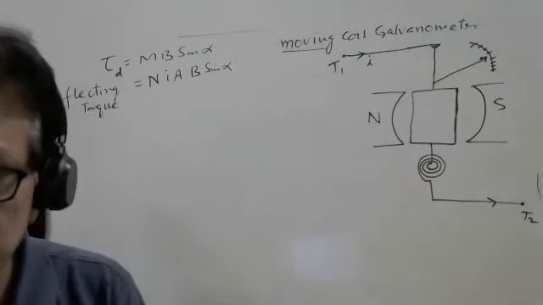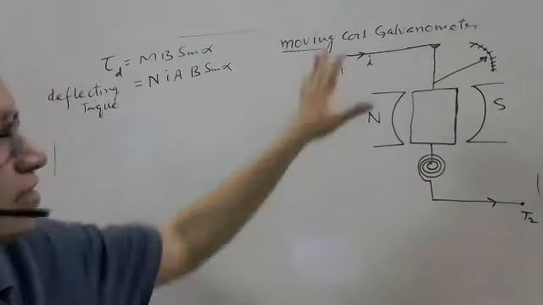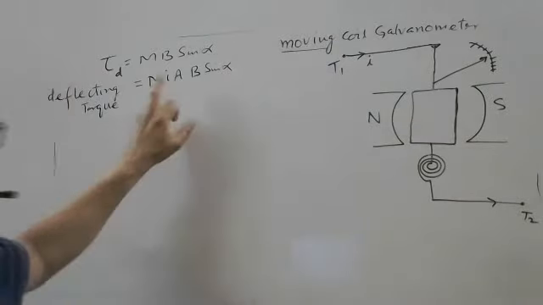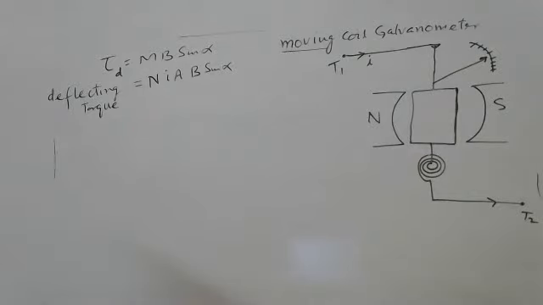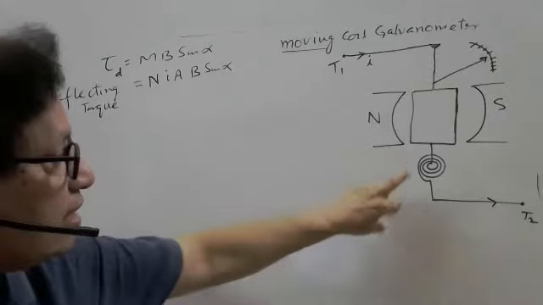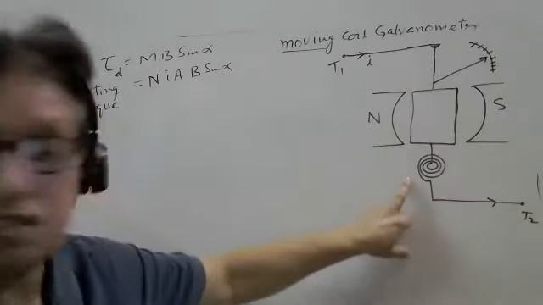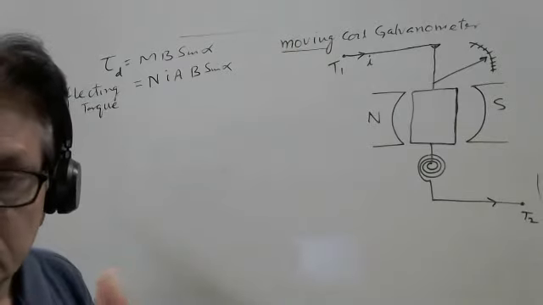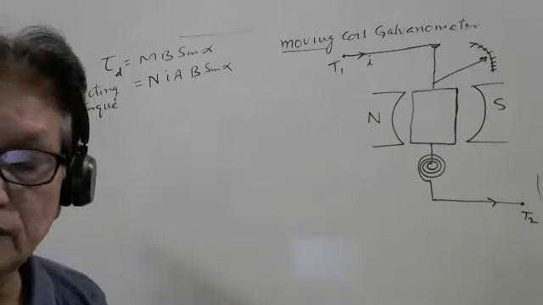Suppose, if you open the circuit and current becomes zero, in that case, what will happen? Deflecting torque will become zero because of no current. But restoring torque acts on it. Whatever energy is stored in this wire as well as in the spring, because of this, it will come to the original position. Got it?